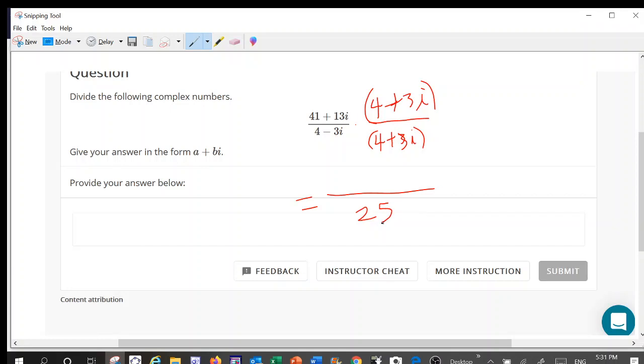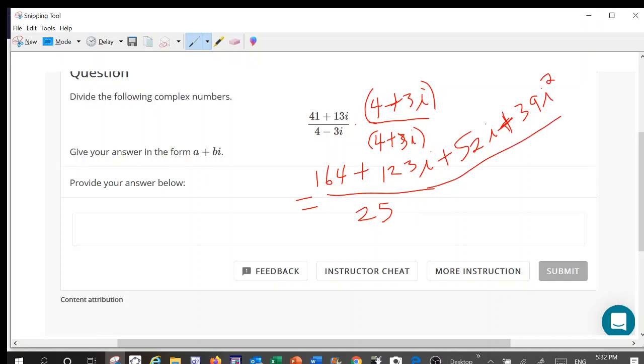Now the numerator we have to multiply. 4 times 41 is 164, plus 3i times 41 is 123i, and 4 times 13i is 52i, and then 3i times 13i is 39 i squared. That's the numerator.